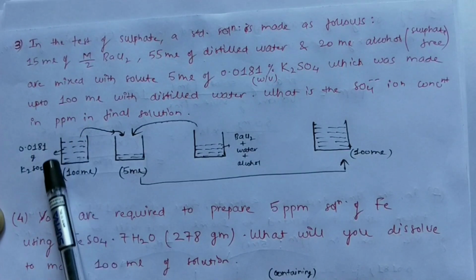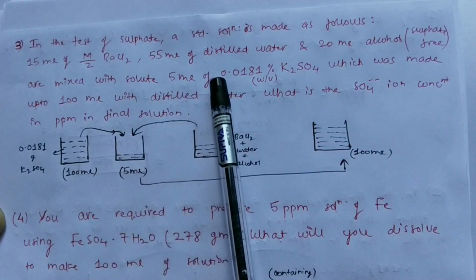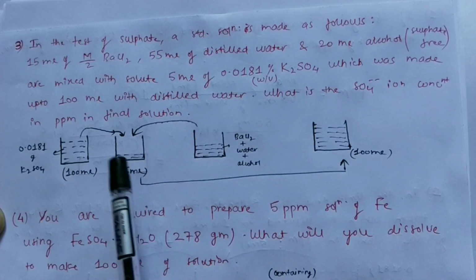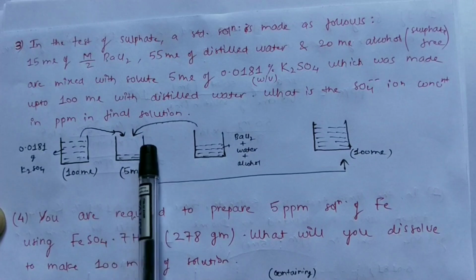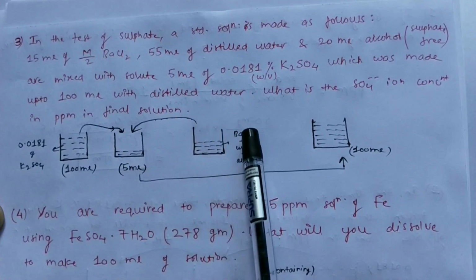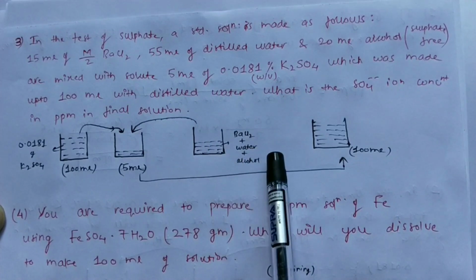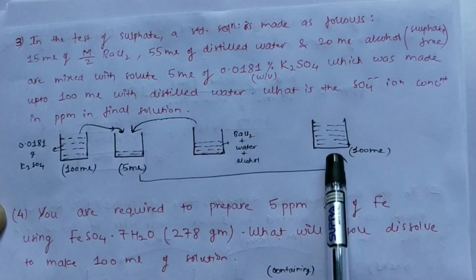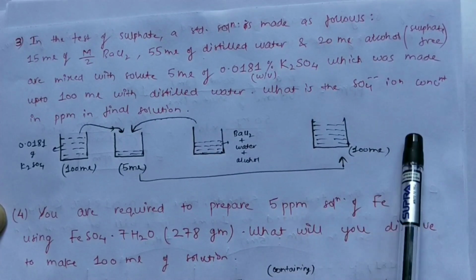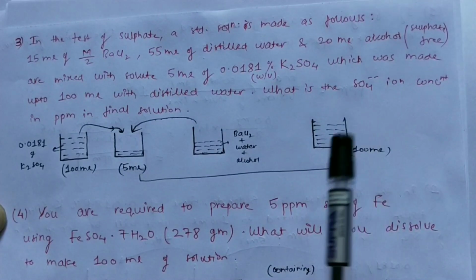Now out of 100 ml you are taking 5 ml. See here, 5 ml of 0.018% potassium sulfate is taken. Now to this 5 ml of solution you are adding other reagents like barium chloride, water, alcohol, and the final volume was made up, or diluted, to 100 ml.